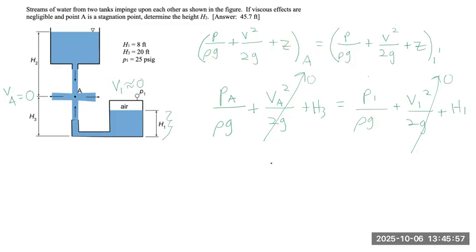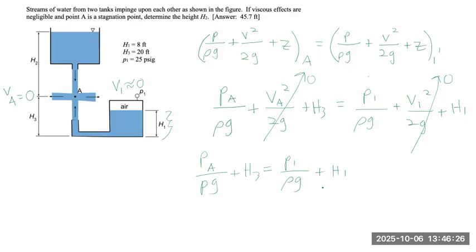And we are left with PA over rho G plus H3 is equal to P1 over rho G plus V1 squared over 2G, wait, which is 0 actually, plus H1.